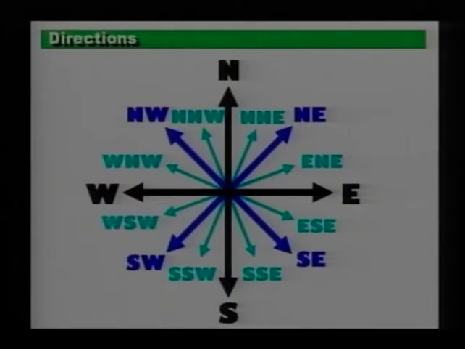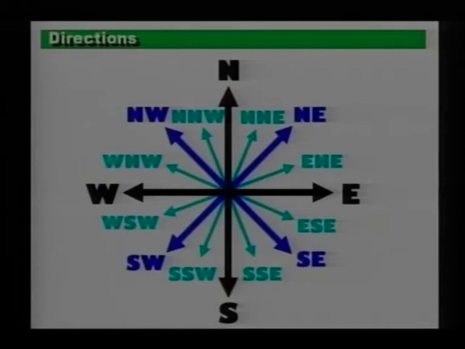We are expected to know the other 12 intermediate compass points. The 12 intermediate compass points are what falls in between the 4 cardinal points, north, south, west, and east. Those 12 intermediate compass points we looked at yesterday already.